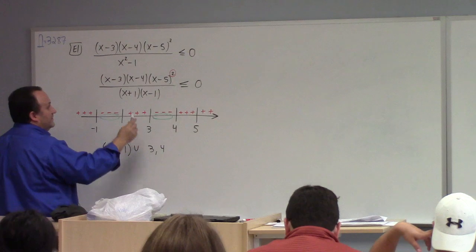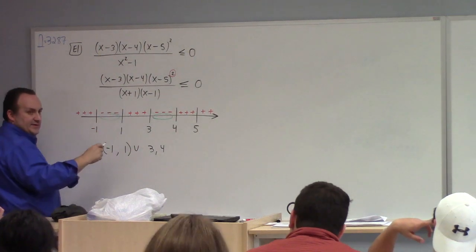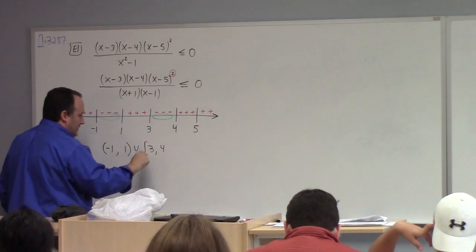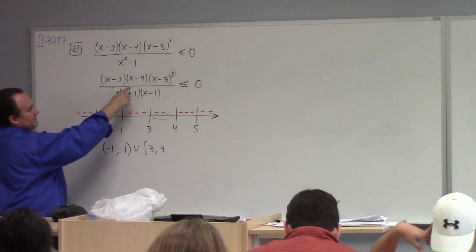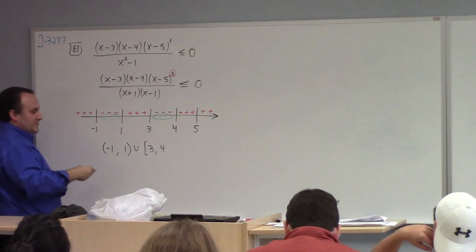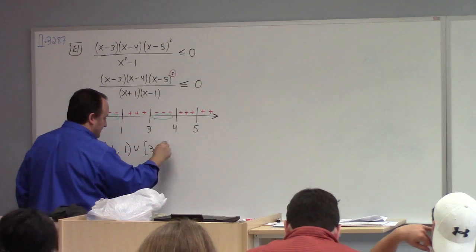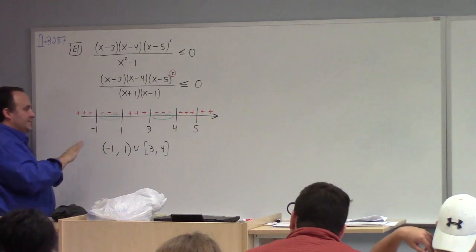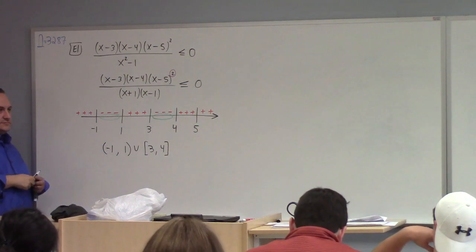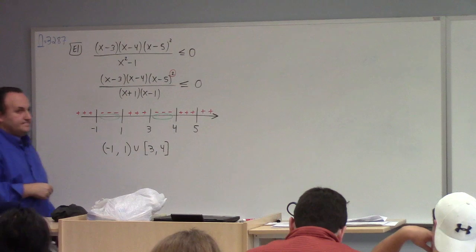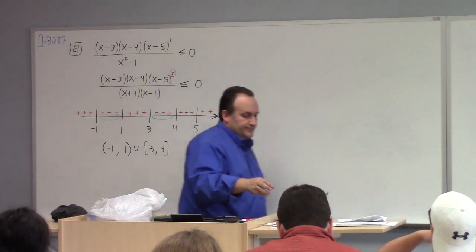How about 3? 3 makes the numerator 0. That's fine. We can include that. And 4 also makes the numerator 0. We can include that. Is there anything I'm missing? To be picky.